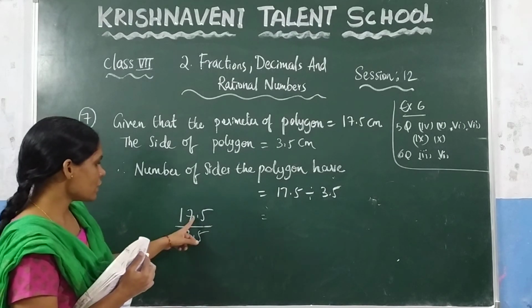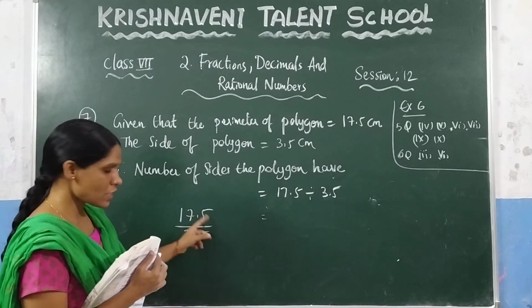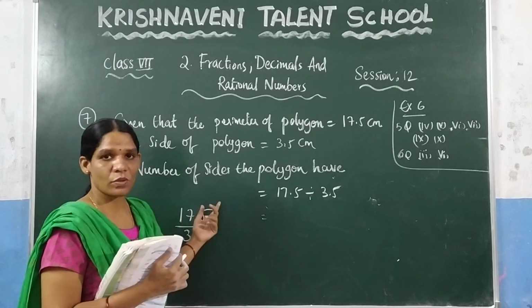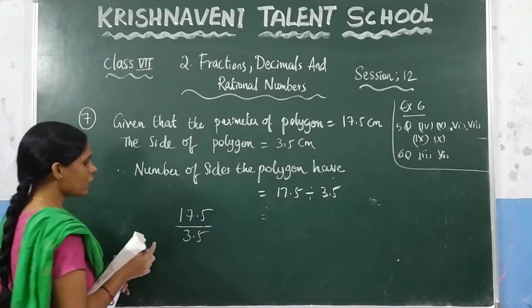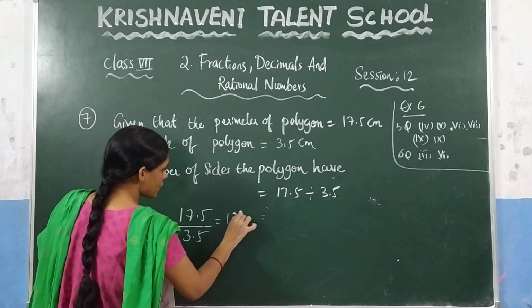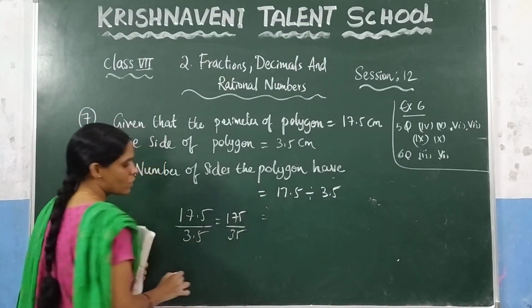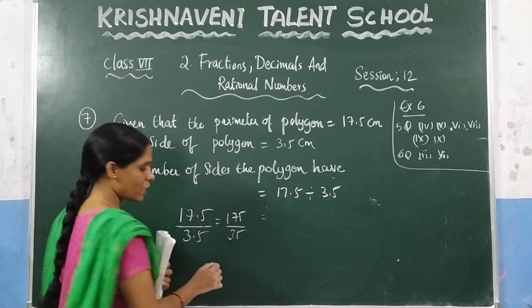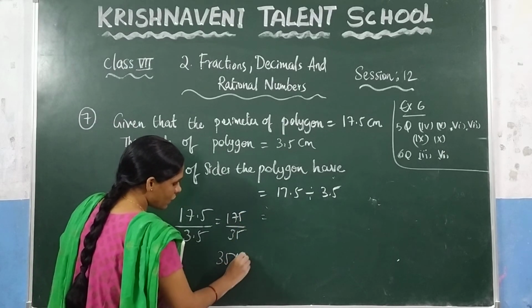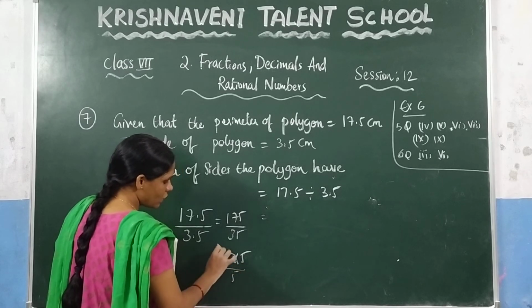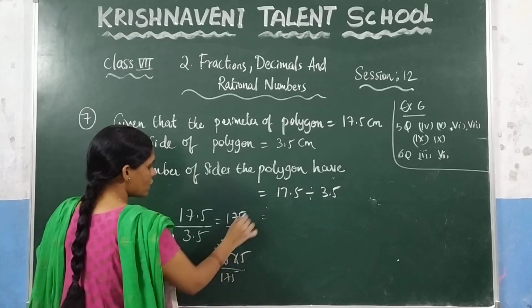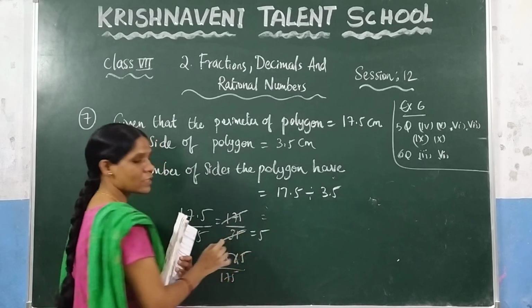So since after the decimal point the numbers are the same, you can cancel this decimal point. Directly you can write this one as 175 by 35. So here you know that 35 into 5 gives you 175. You can check it here. 35 into 5, 5 fives are 25, 3 fives are 15 plus 2 which gives you 17. So this one will get cancelled. You will get the answer as 5.